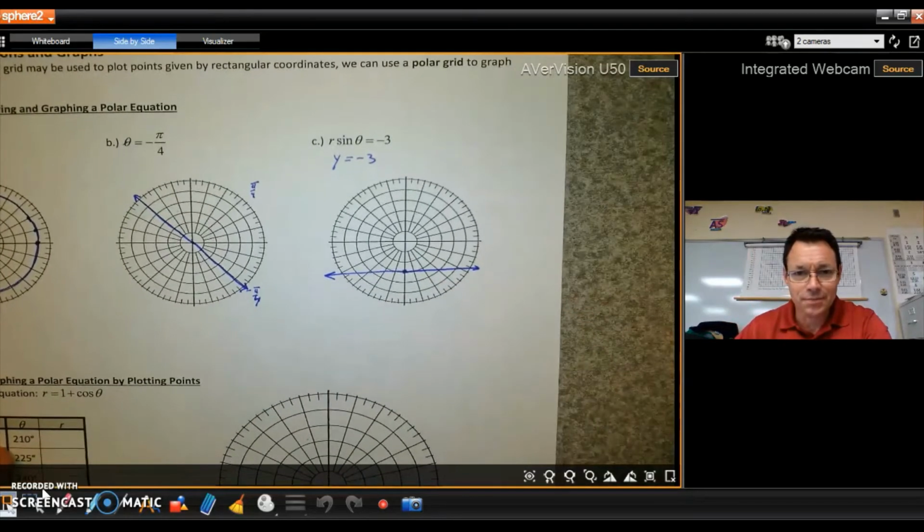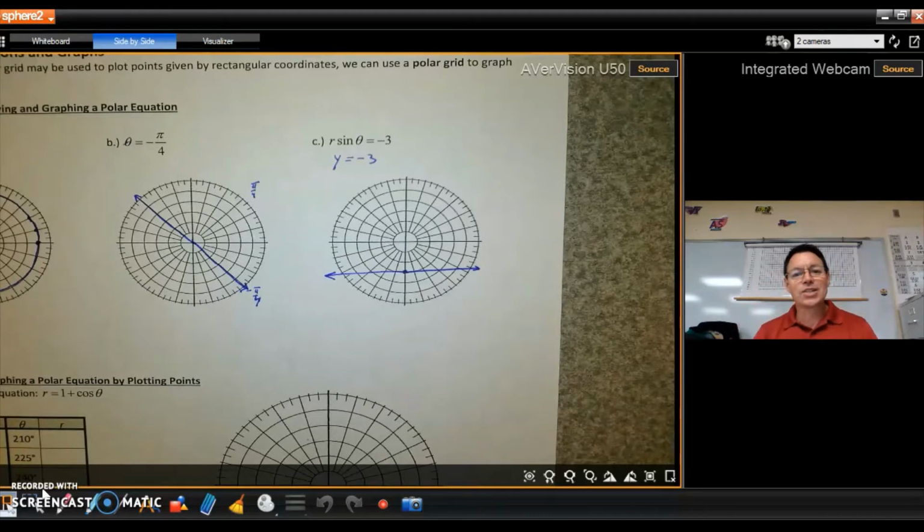Something like that. That's not too bad. Okay, so that would be r sine theta equals negative 3 because r sine theta is y. If I would have given you r cosine theta, then that would have been x. Okay, and so you just translate it into x, think it's a vertical line, and then you just go out to where you need to go out.